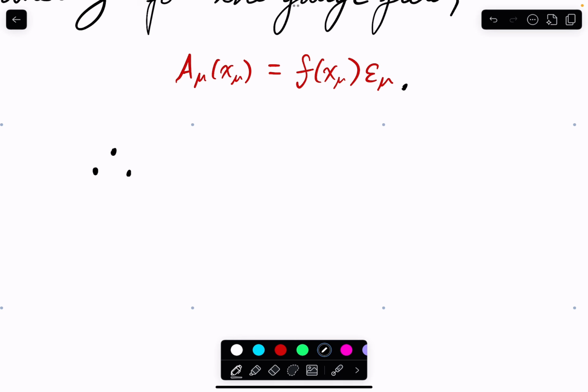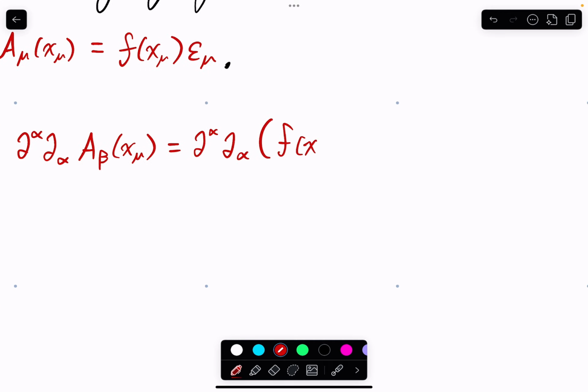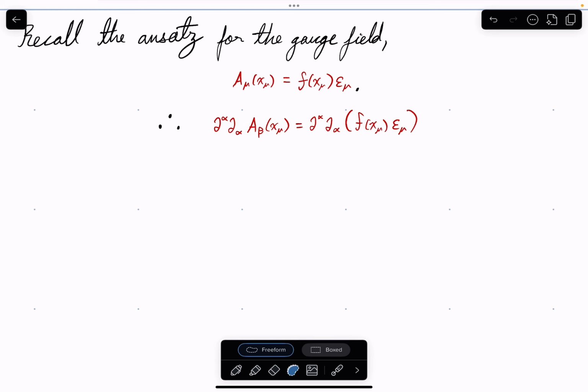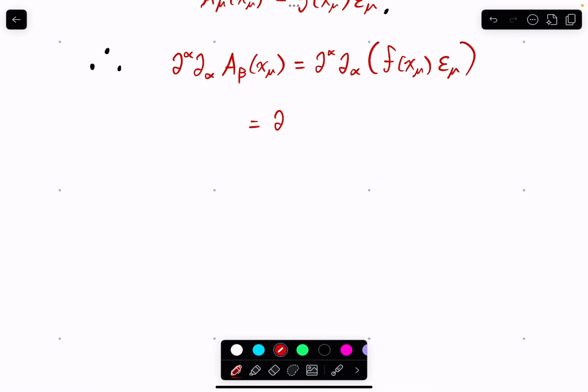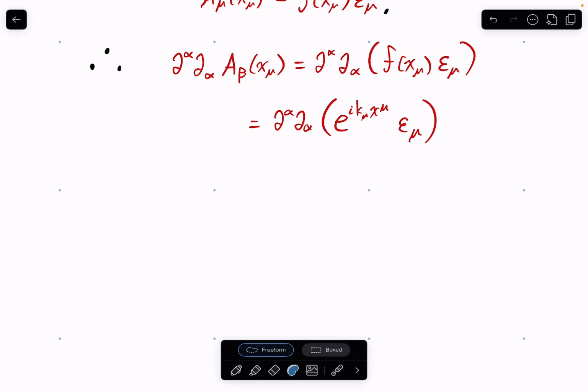So we get, therefore, partial alpha of A beta of x mu is equal to partial alpha of F of x mu epsilon beta. And then for F of x mu, recall that this is e to the i k mu x mu, and then we just have epsilon beta here. Except this epsilon beta actually doesn't change with space, so it's independent. All the derivatives will not affect it.